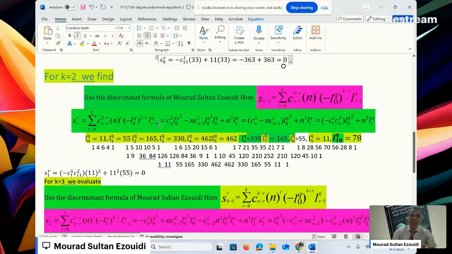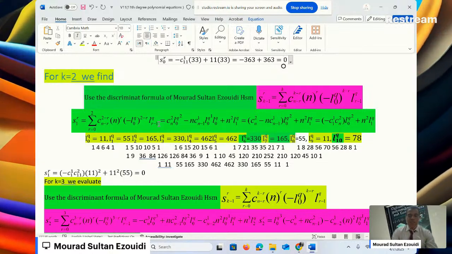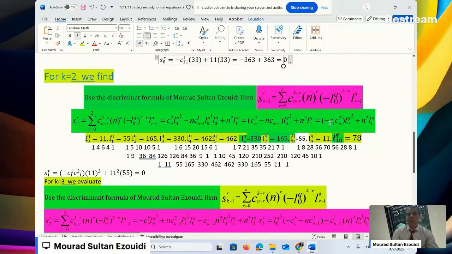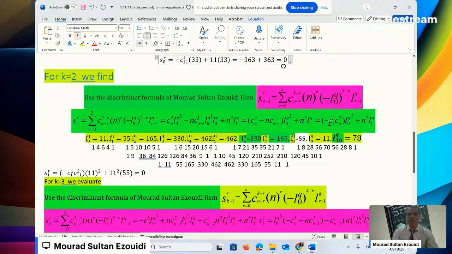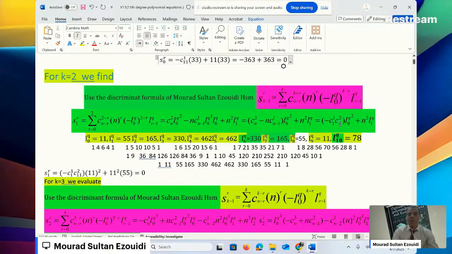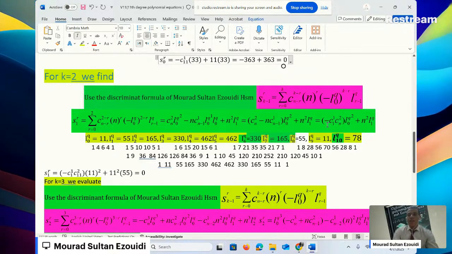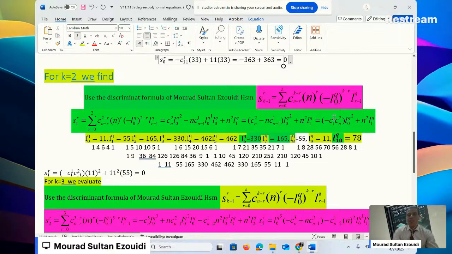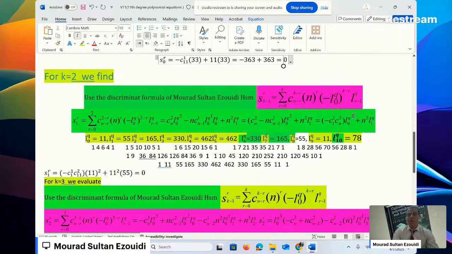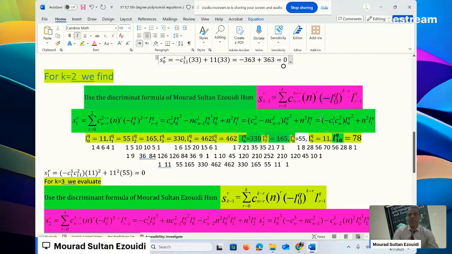So after simplifying this expression, S1 has to be written in general. This is the general form of S1 for any new algebraic equation relative to the original algebraic equation: negative combination n choose 1 times combination n choose 2 times L0 squared plus n squared times L1 over 2.